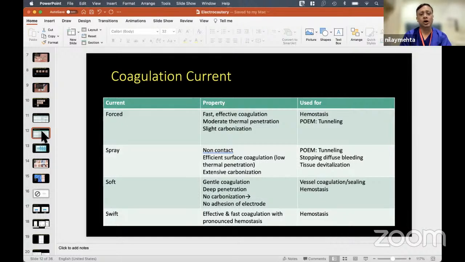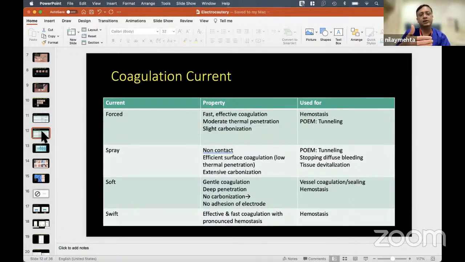Otherwise, I use a lot of swift current for ESD, because it's a very fast coagulation with hemostasis. At the same time, it is not as powerful as spray current, so there is not so much tissue coagulation. In fact, swift has good hemostasis along with effective and fast coagulation. Now I've shifted for my ESD.